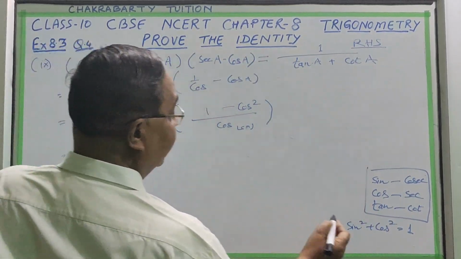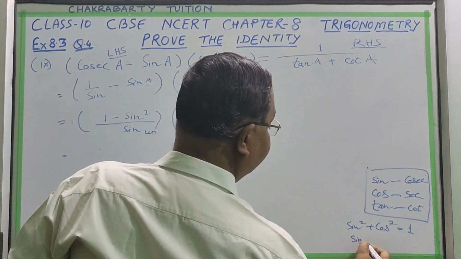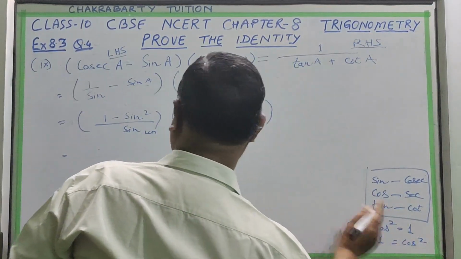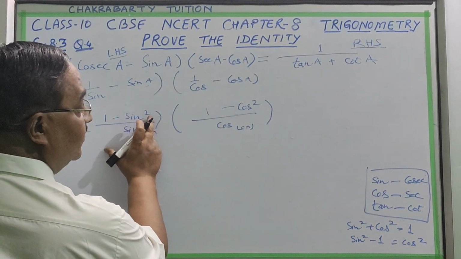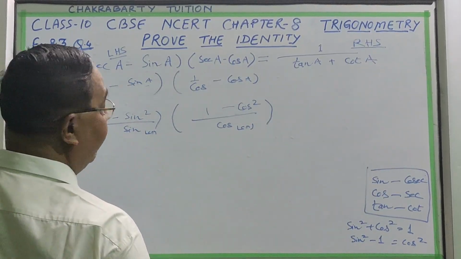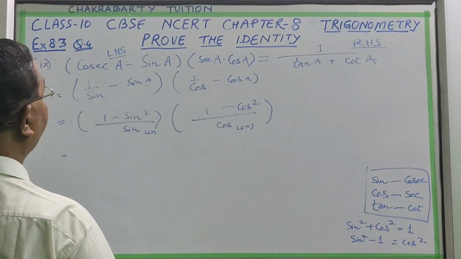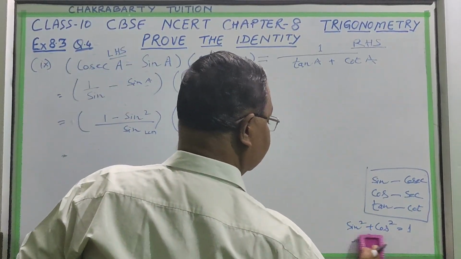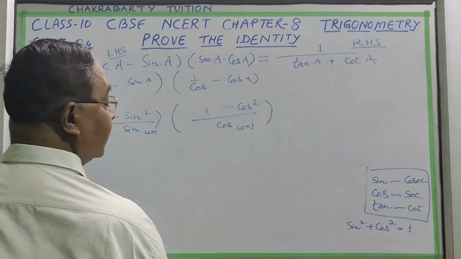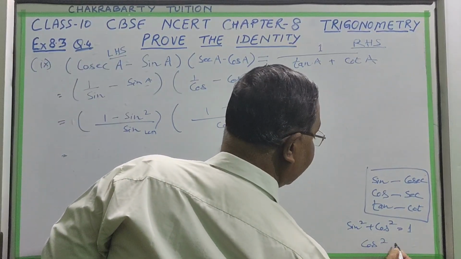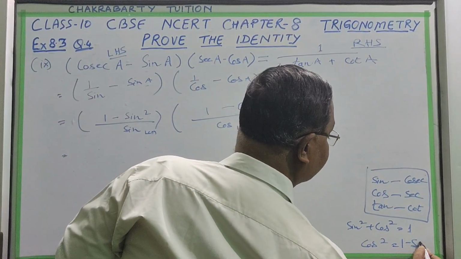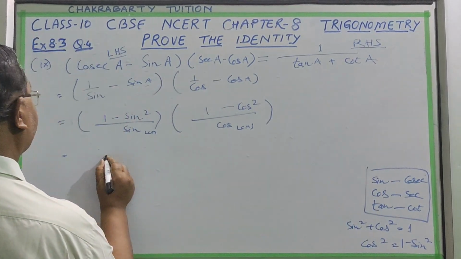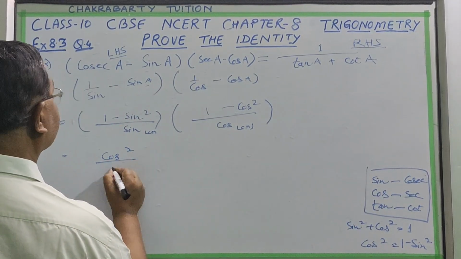So here if you write 1 minus sine square, it will be equal to cos square. Okay, one minute. You can write cos square is equal to 1 minus sine square. So we can write cos square upon sine.